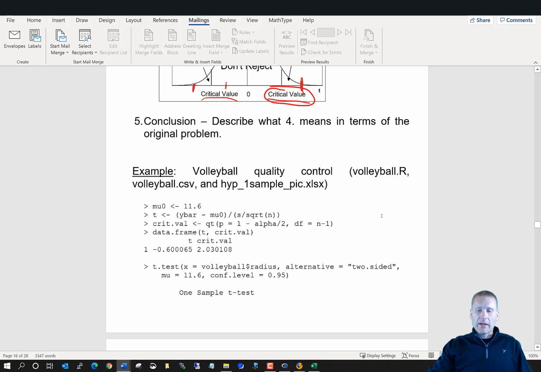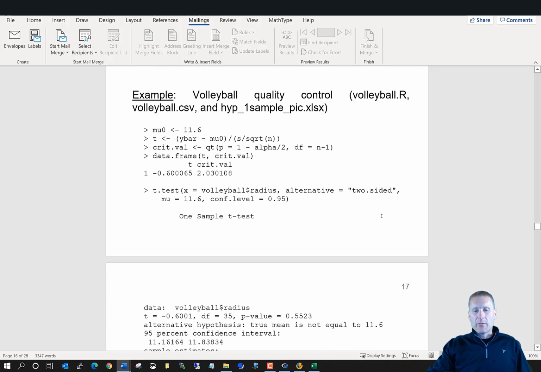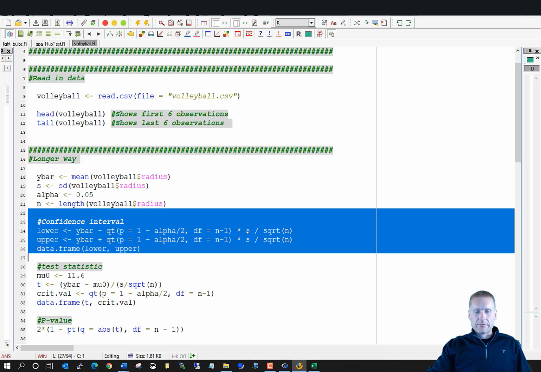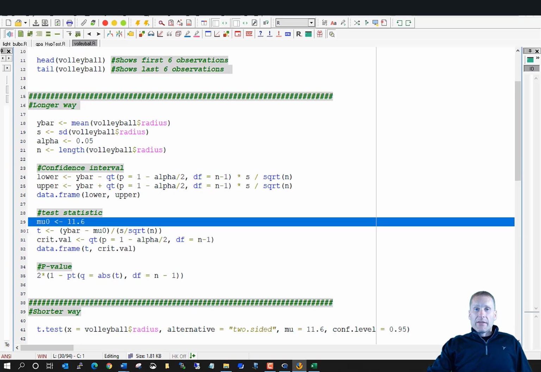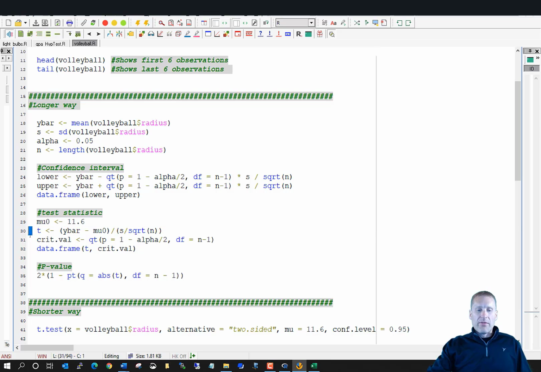Okay, so let's take a look at an example. This goes back to my volleyball example again. So I can state what mu0 would be, 11.6. I find my test statistic value. So I take y bar minus that mu0, and then I divide by s divided by the square root of n.